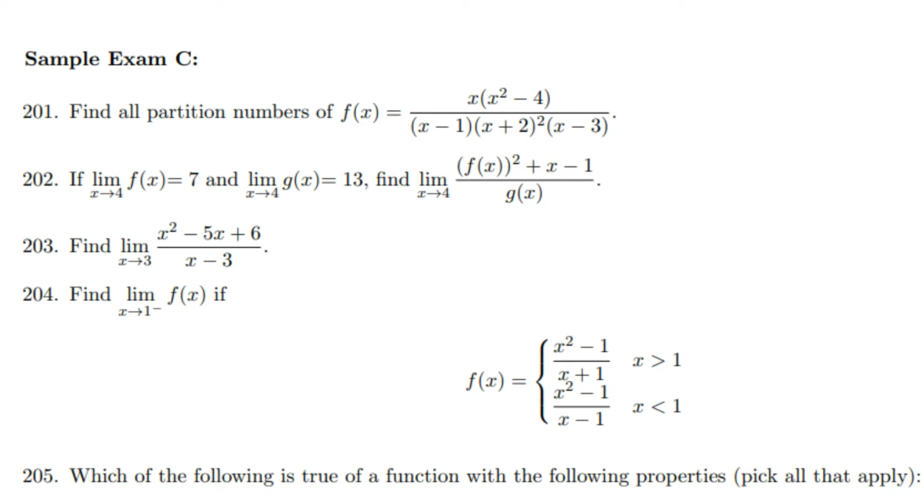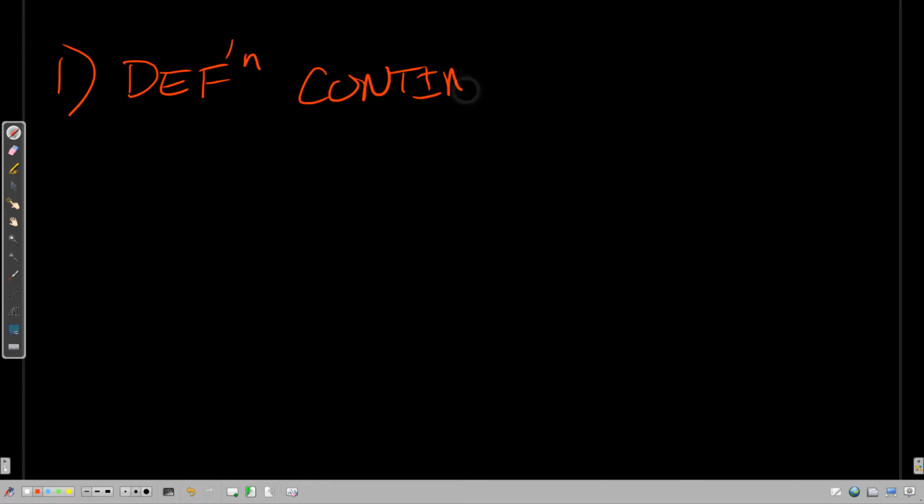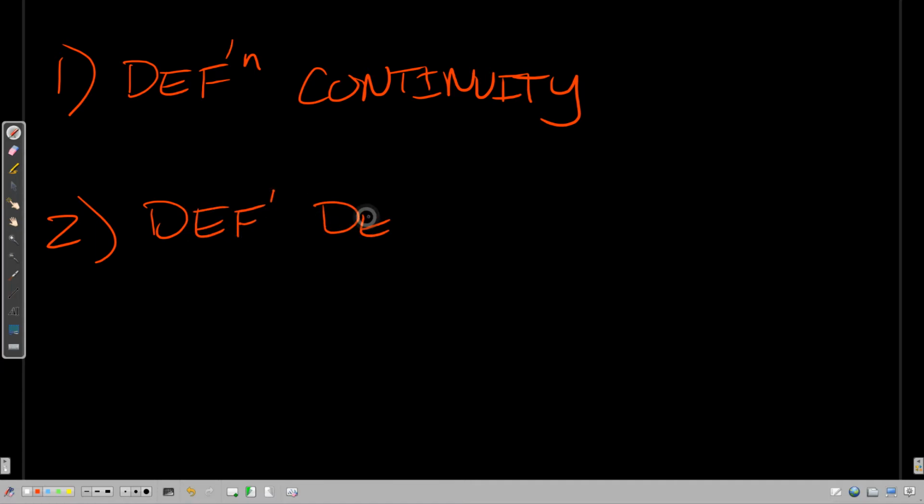And I guess before we do the ones where you would have to type out an answer, you're going to want to know what the definition of continuity is, and you're going to want to know the definition of the derivative.